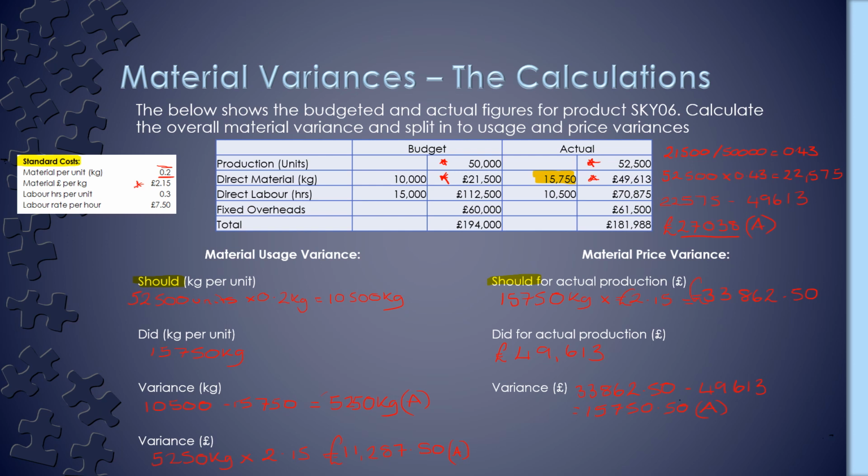We paid 49,613, but we should have only paid 33,862.50 for that number of kilograms of material.